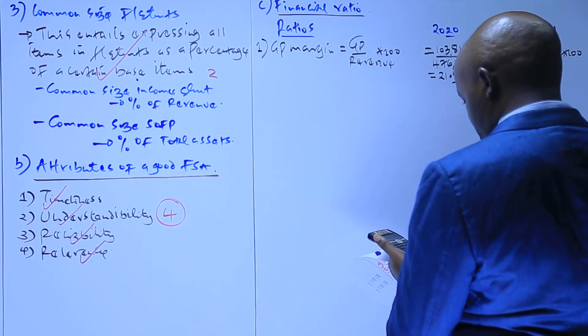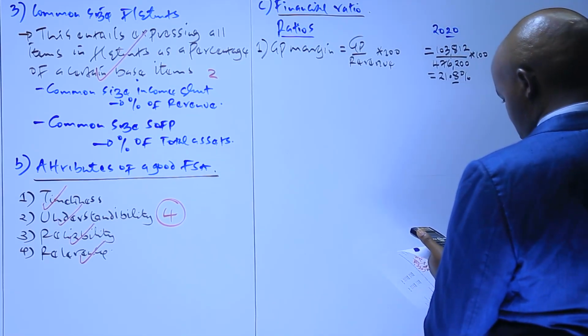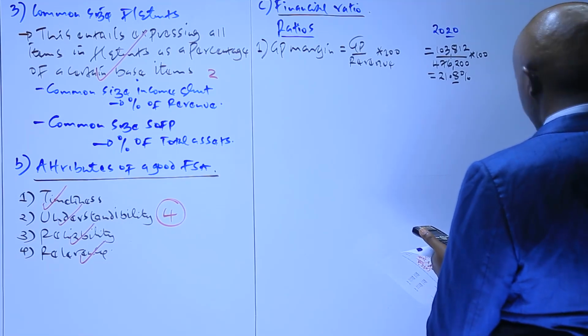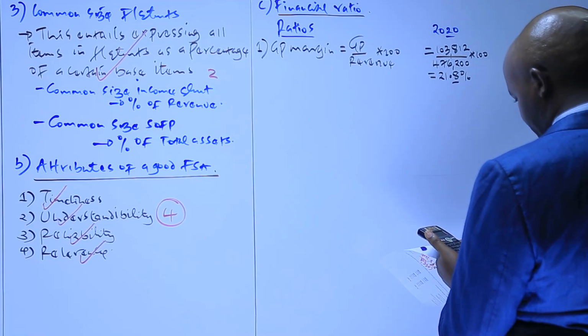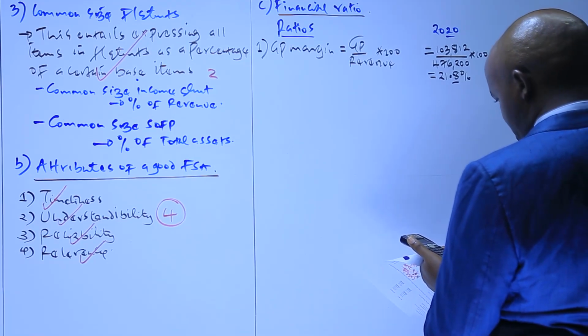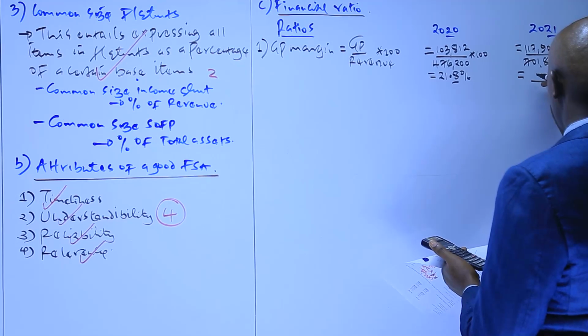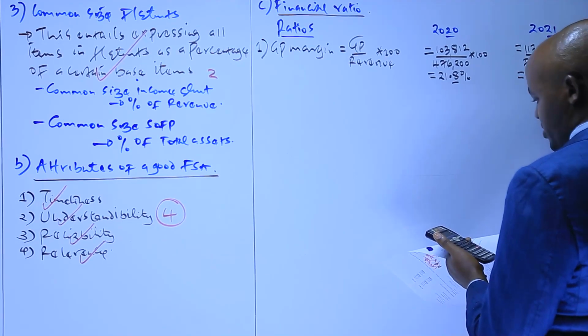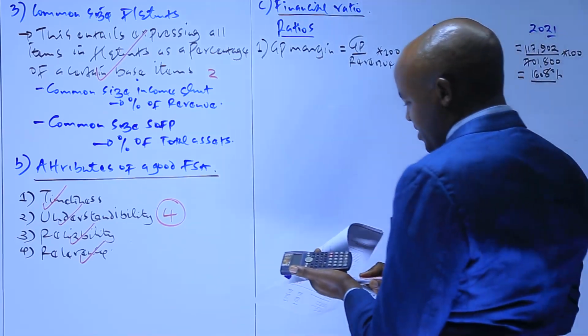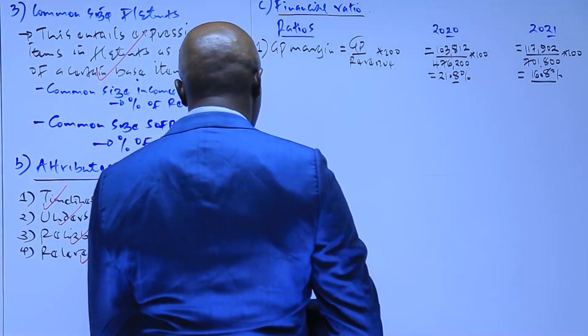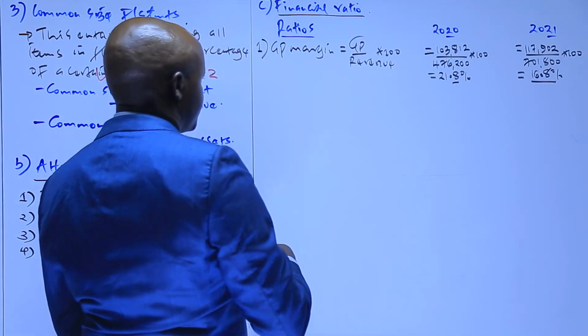What about 2021? We have 117,902 divided by 701,800 times 100%. That is giving us 16.8%.